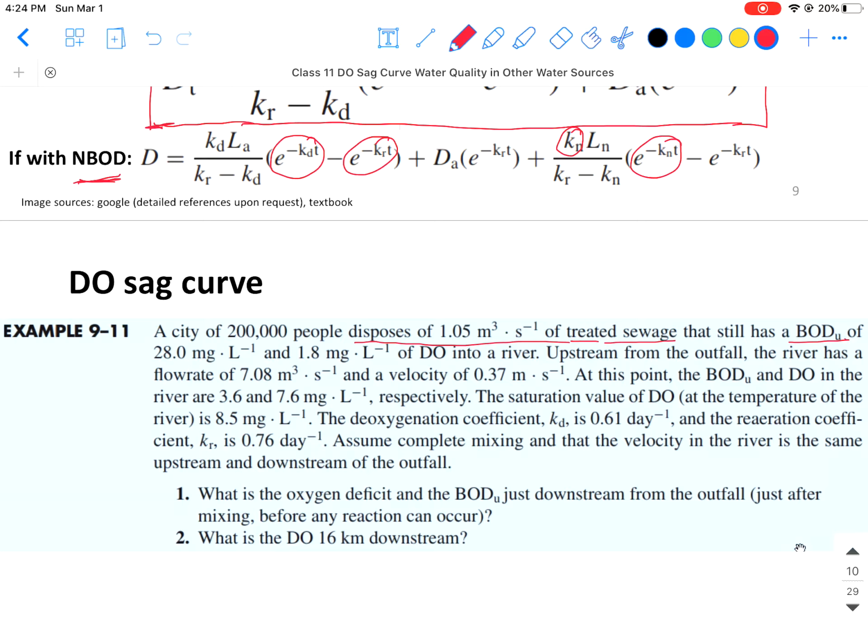We have the ultimate BOD value, and some dissolved oxygen, and that's emitting into the river. Upstream of this outfall, the river has a flow rate and a velocity here. Also at this point in the river, it has a relatively low BOD and relatively higher dissolved oxygen.